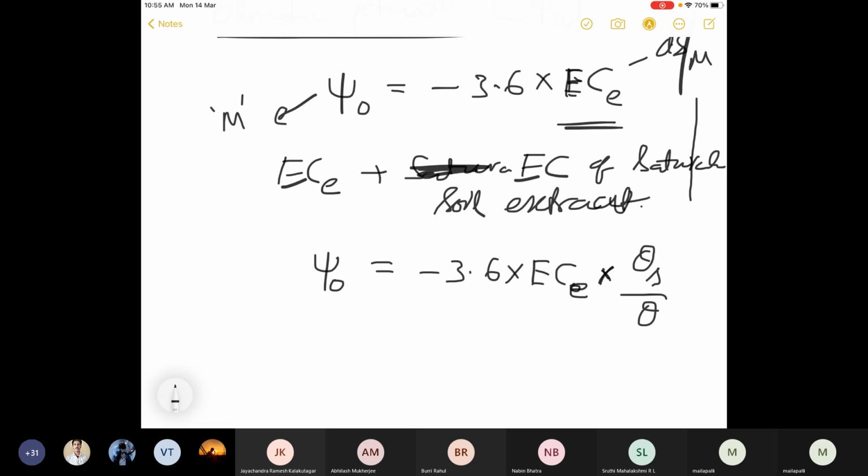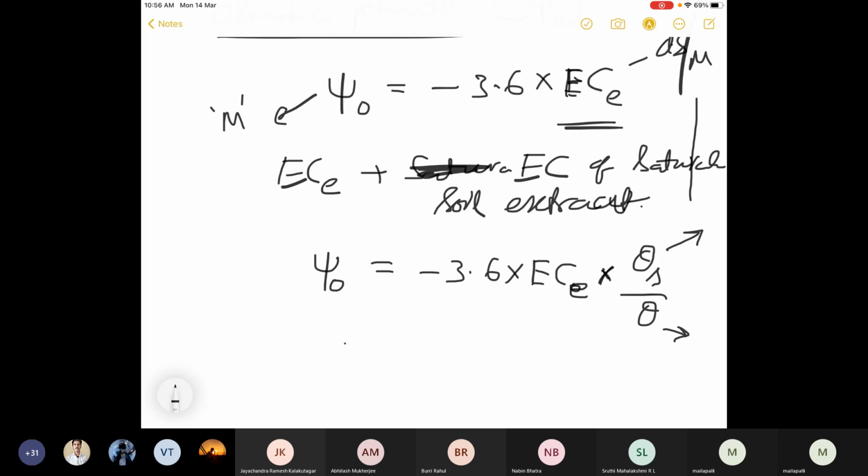It could be a fraction, like meter cube by meter cube or centimeter cube by centimeter cube. Theta S is the saturated soil moisture and theta is the current soil moisture. If it is saturated, theta will be theta S, this ratio will be 1, and you get psi naught for the saturated case.